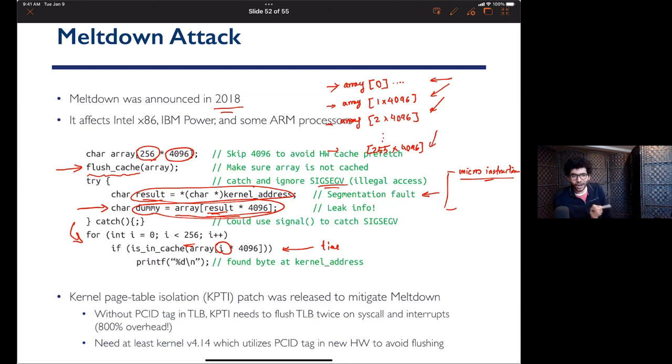For that particular i, I have actually read the result because I changed the block for that result in my cache. So if I can get the fast cache access, I have found the character that was stored in my kernel space.